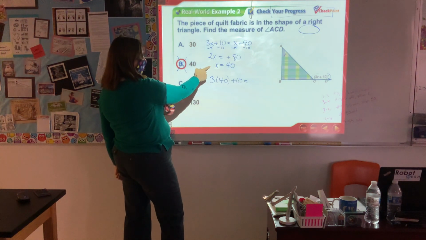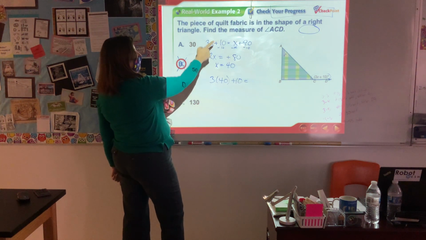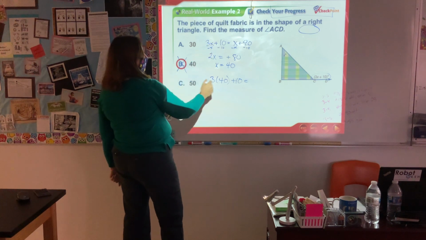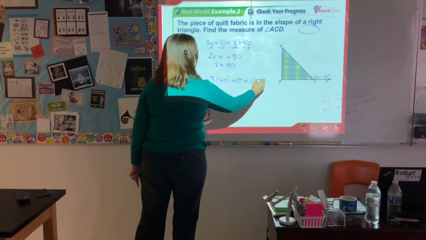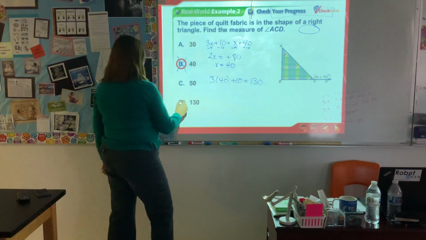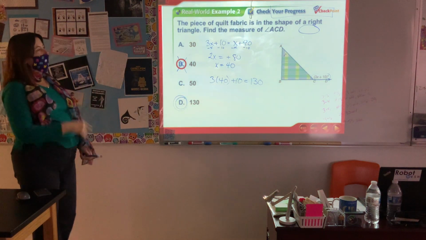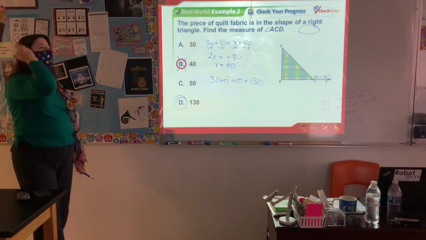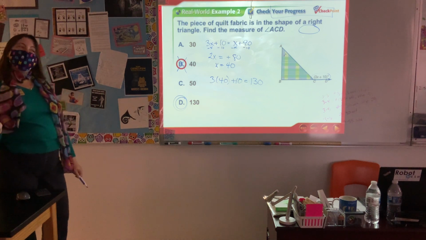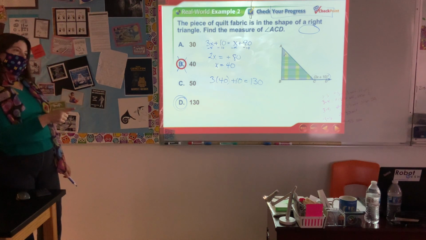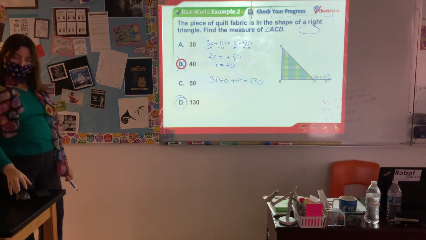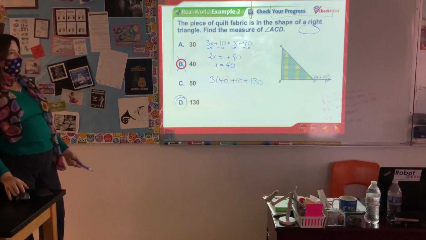We solved for x, but that's not what they asked for. We needed this here. Plug it in, we get 130. This is your answer. See? Textbooks, teachers, we make mistakes too. The important thing is to catch it and understand why you're doing the things that you're doing.